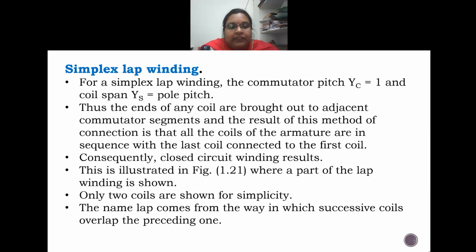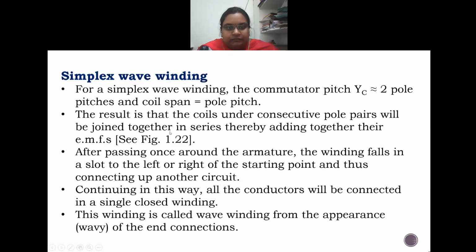Thus, the ends of any coil are brought out to adjacent commutator segments, and the result of this method of connection is that all coils of the armature are in sequence with the last coil connected to the first coil. I'll just show you the diagram of how the lap winding is present.